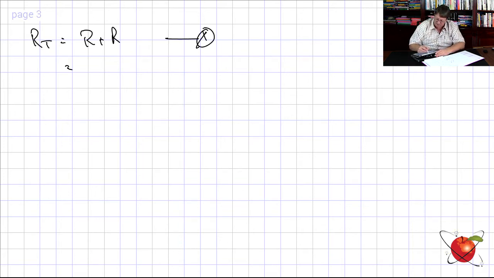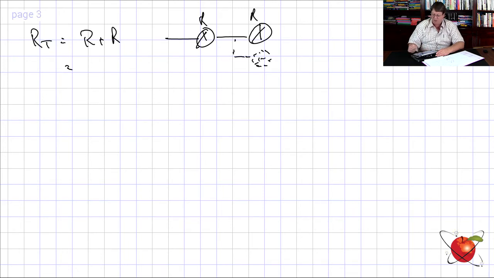Therefore, I've now got R total is equal to R plus R, isn't it? Why? Because my circuit looks like this, hey guys? Like that, with an R and an R. The other one that was over here is now gone. It's blown, or whatever, is equal to 2R.